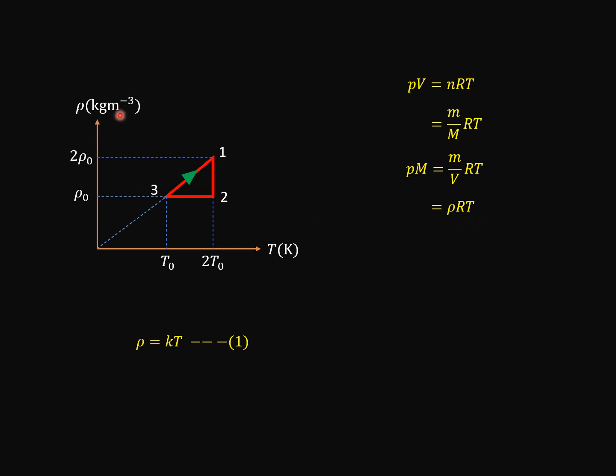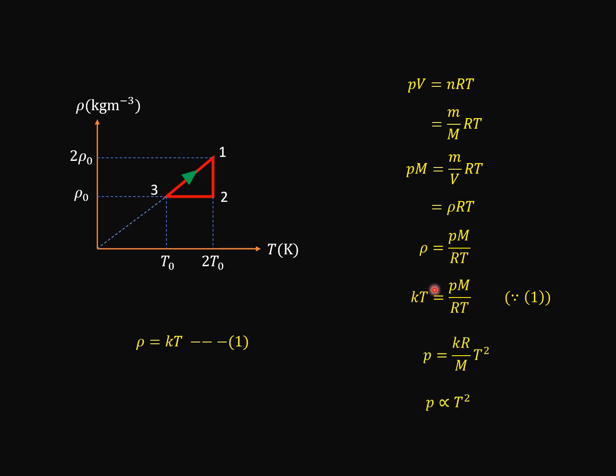Rho is the density of the gas. Now we make the density rho the subject of the equation, so we have rho equal to PM over RT. Now we can substitute rho by KT from equation number 1, so we have KT equal to PM over RT.